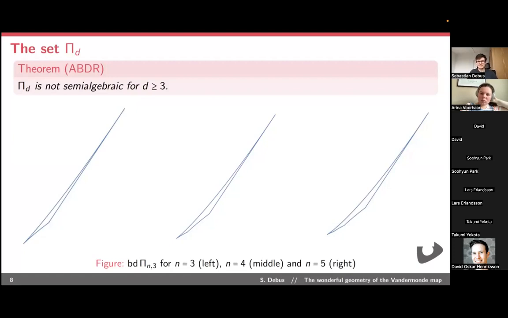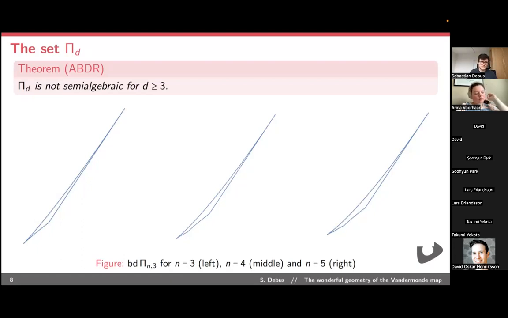It tells us that the limit set, the limit of the Vandermonde cell, is not a so-called semi-algebraic set. The word semi-algebraic stems from real algebraic geometry. But what does it mean? It means you cannot define it as a Boolean combination of sets which are defined by real polynomial inequalities and equalities.